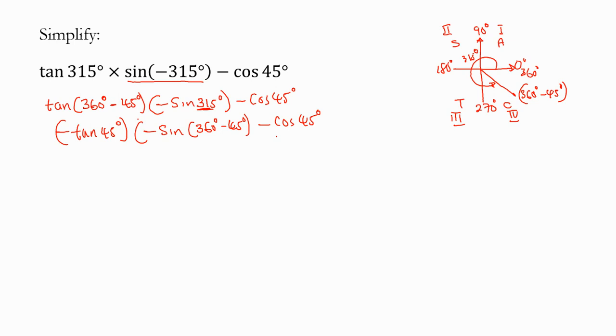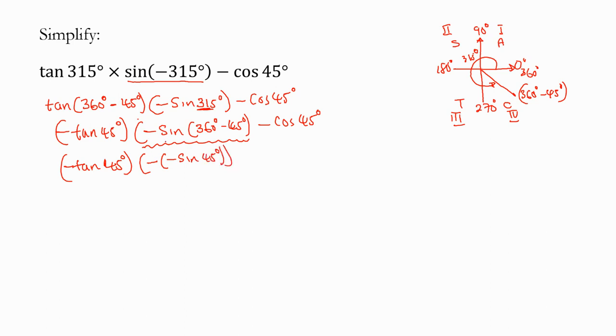See that? Okay, I want us to simplify this part here before we use our special angles, right? So it's negative tan 45 degrees. And then this is negative sine 45, because in the fourth quadrant sine theta is negative, so it's going to be negative, and then negative sine 45 degrees.